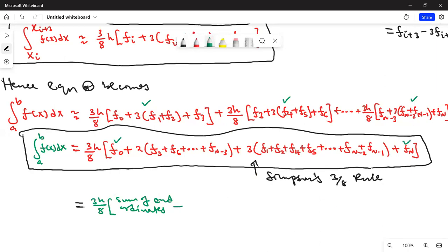Then we have plus twice the sum of the middle ordinates, whose subscripts are divisible by 3.